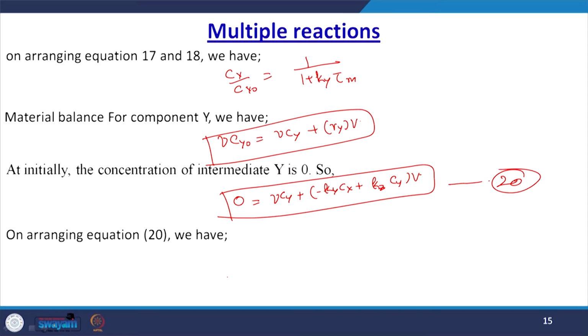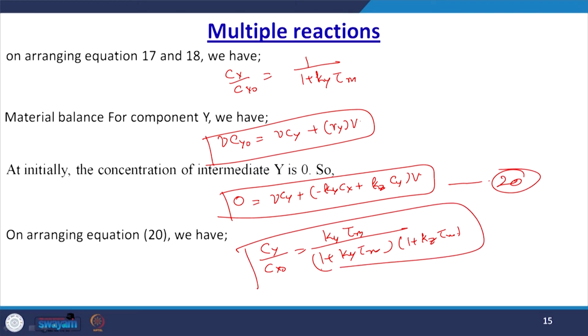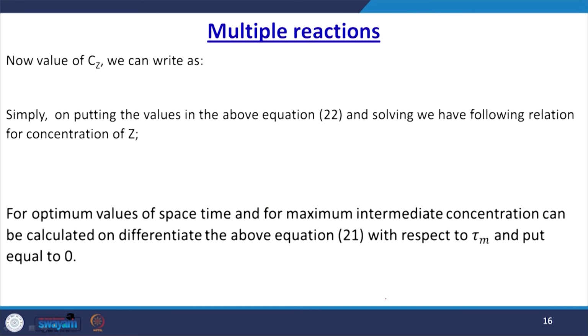Now, if we rearrange this equation, we may have Cy upon Cx naught is equal to Ky tau m upon 1 plus Ky tau m into 1 plus Kz tau m, which you can write as equation number 21.